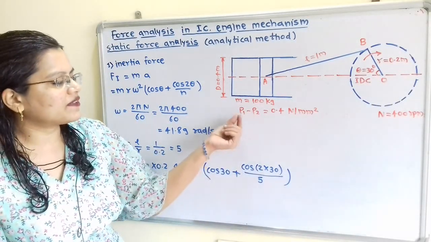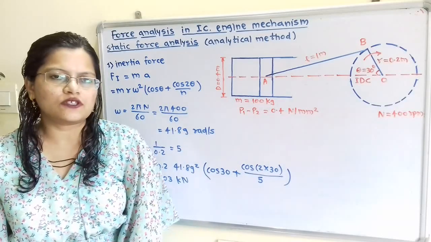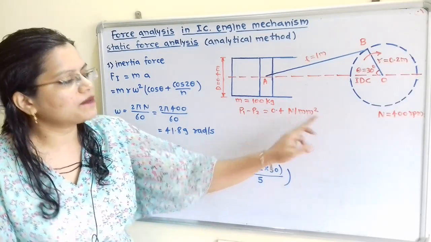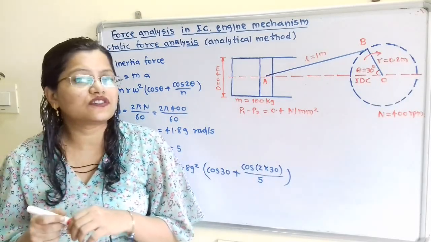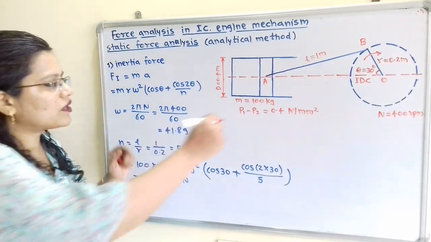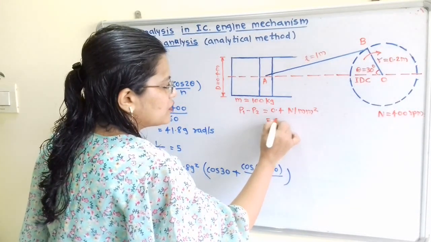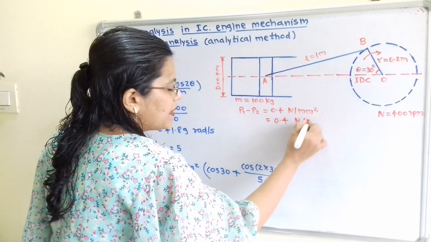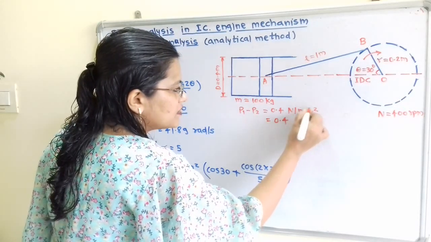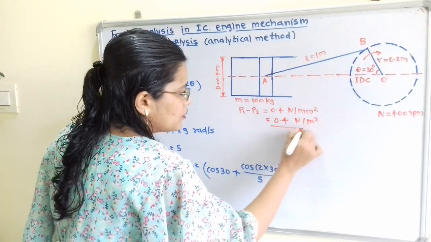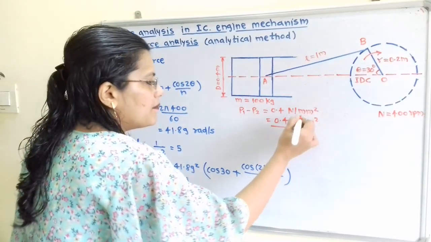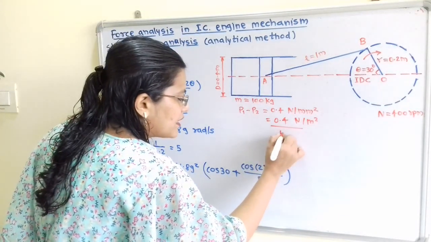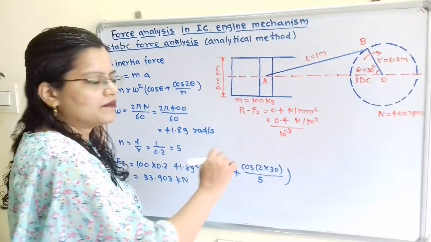Now the pressure difference P1 minus P2 is also given and it is 0.4 Newton per millimeter square, but standard unit is Newton per meter square. So how to convert? So I will write here 0.4 into Newton divided by meter square. So we have to convert this millimeter into meter. So 1 millimeter, that means we have to write here 10 raised to minus 3 meter.